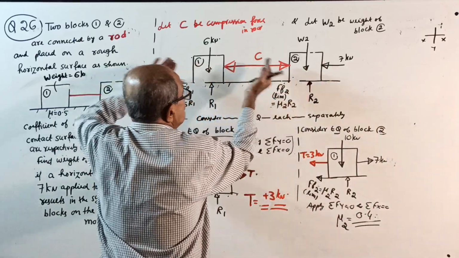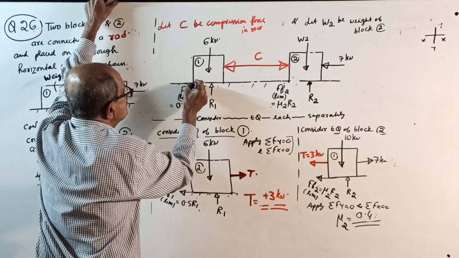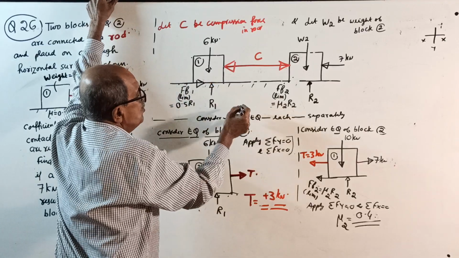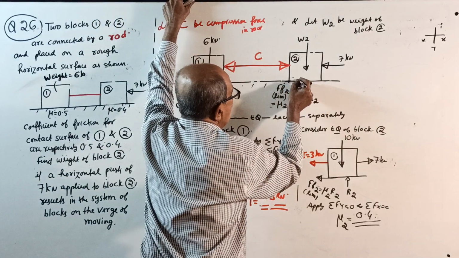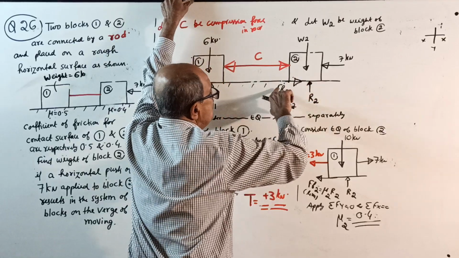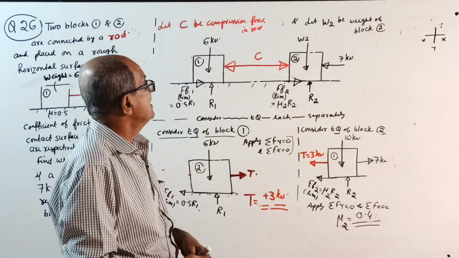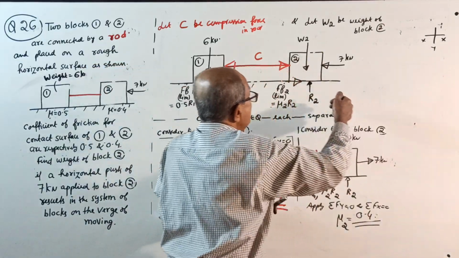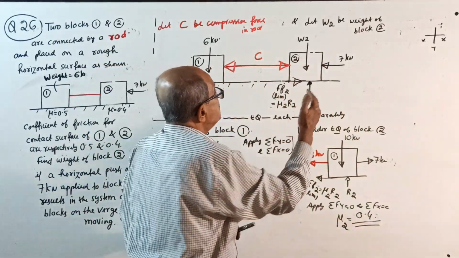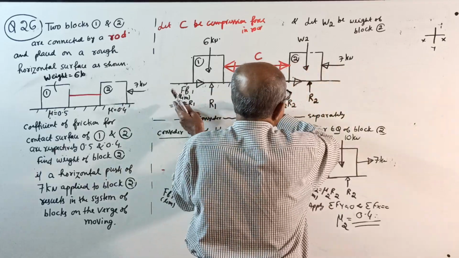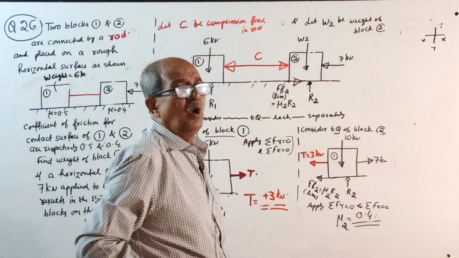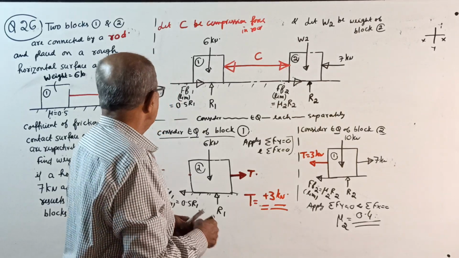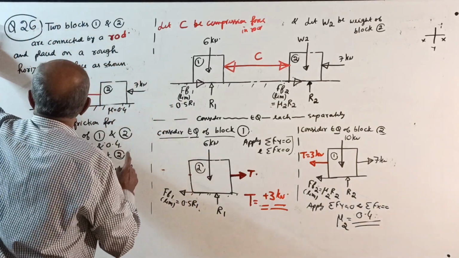Since the system moves to the left side, the frictional force will be to the right side. This I told thousands of times. The contact frictional forces will be to the right side. Last time it was pulled to the right side, friction was to the left side. Now it is pushed to the left side, friction is to the right side. Make all this note. Then anything over 1 minute now.